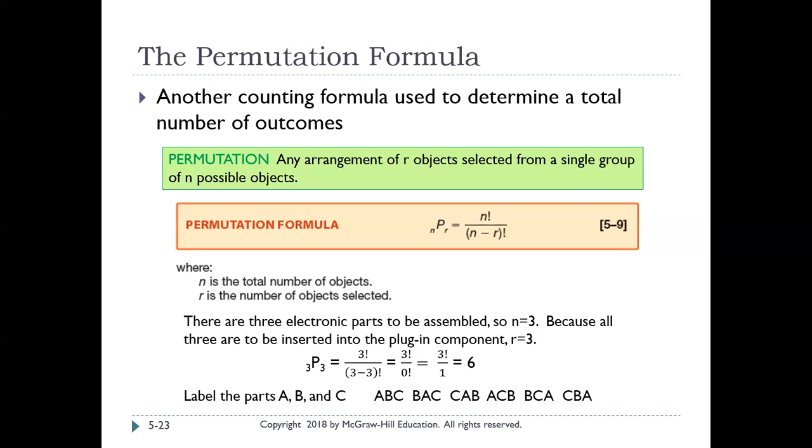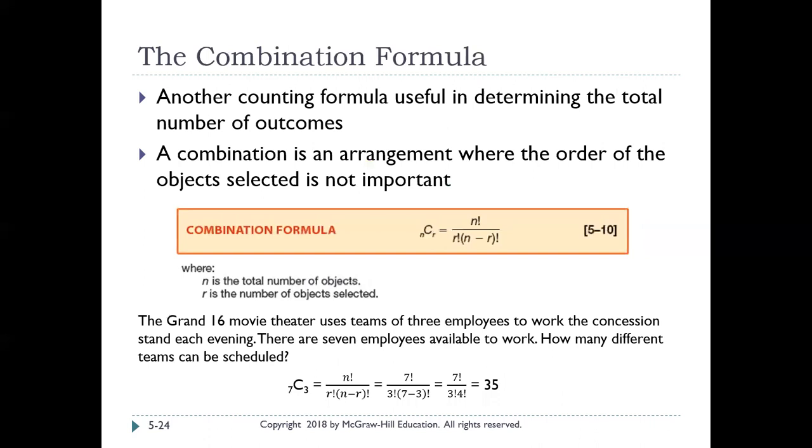So the permutation formula is going to produce a fairly large number, or maybe a relatively large number. Relative to what? Relative to the combination formula. What the combination formula is saying is that, okay, you have 8 shirts, you want to pick 5. Great. However, what this combination formula is going to do is say that the red, blue, green, yellow, black shirt selection is going to be the exact same as if you shuffle those colors around.